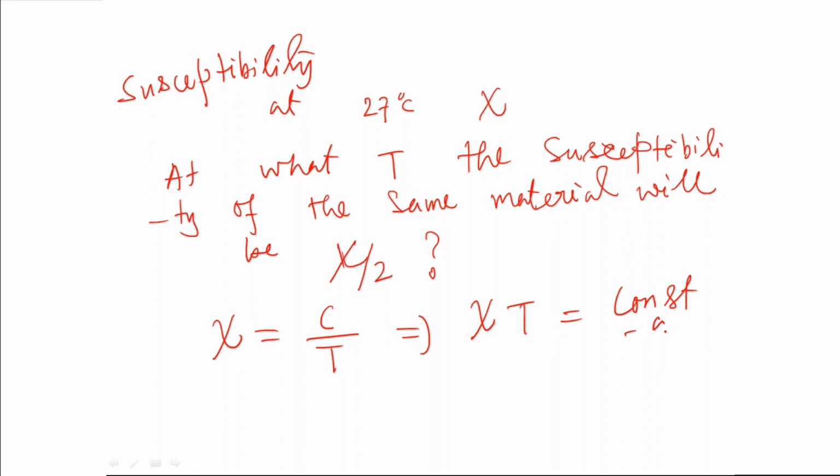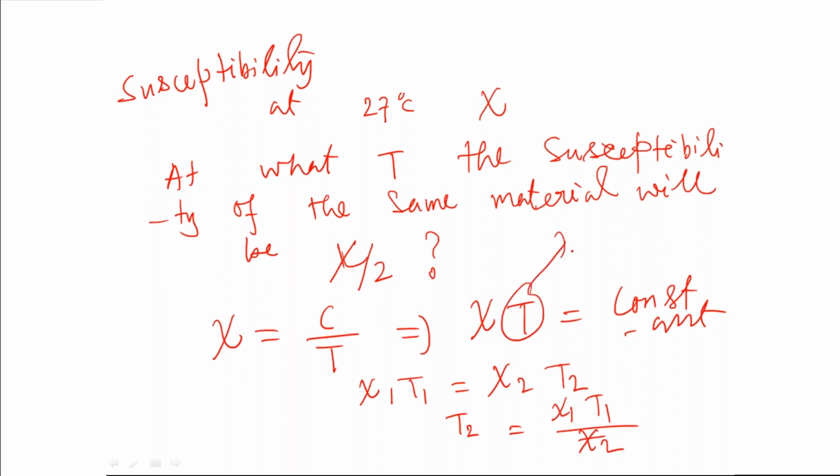We'll be using the Curie law. We know Curie law is chi is equal to C by T, or this implies chi T is equal to constant. So I can write chi1 T1 is equal to chi2 T2. Now you have to find out T2. Look here, this T is the absolute temperature, not degree centigrade. Whatever temperature is given, you have to add 273.